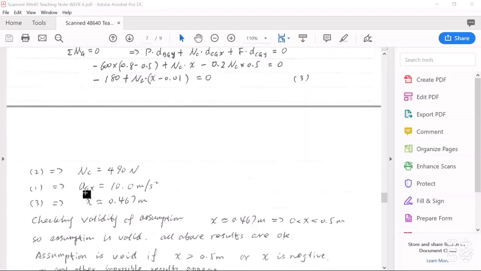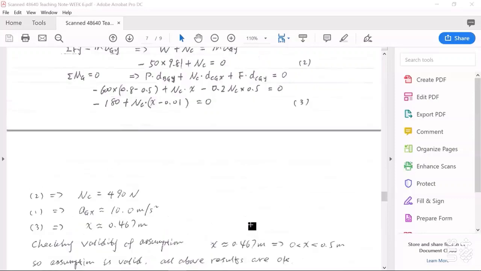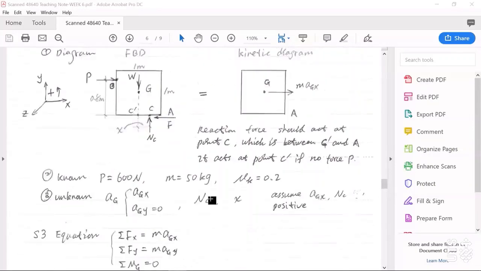Okay, we will use X. X, you can see, is 0.467. And we already know that from this corner point to this corner point, the length of the bottom side of this crate is 1 meter.